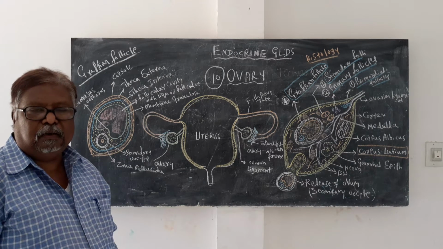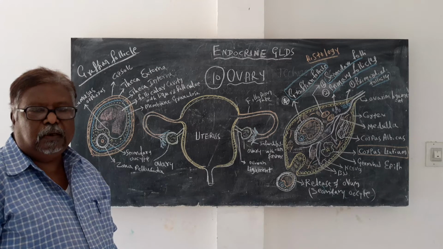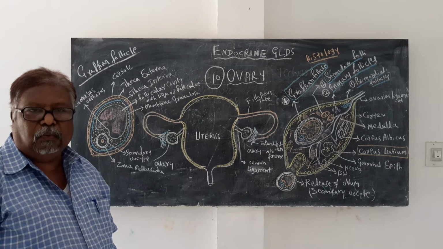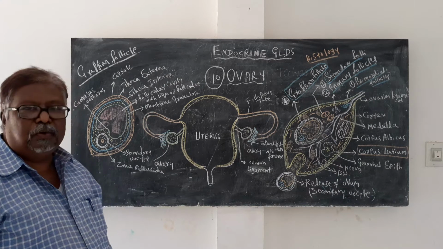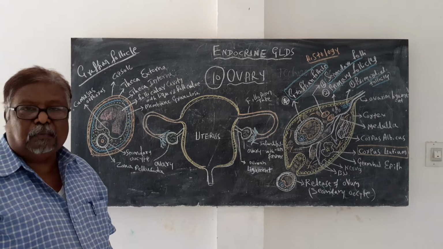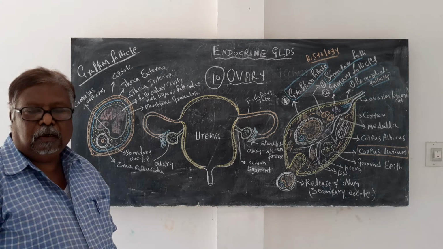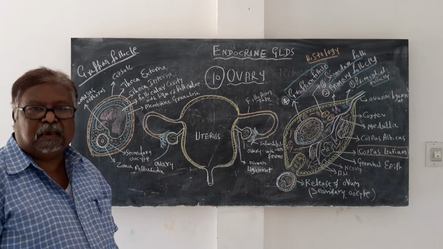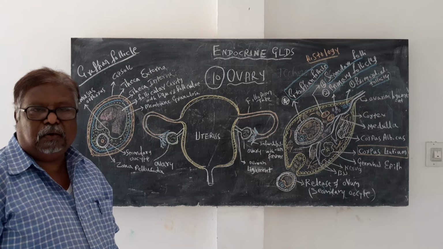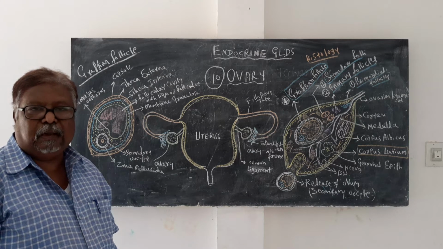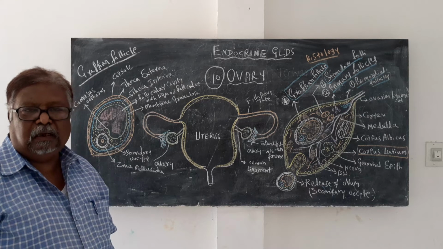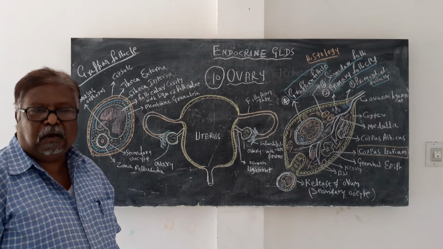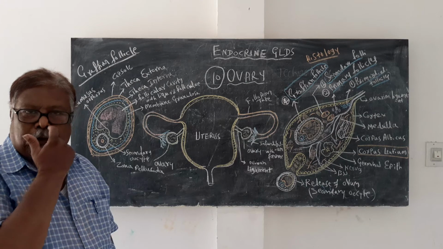Apart from producing the oocyte or the ovum, the cells of the ovary, specialized cells which produce the hormones, nothing but the chemical messengers which control the activities or the metabolic activities of the ovary and other organs also.